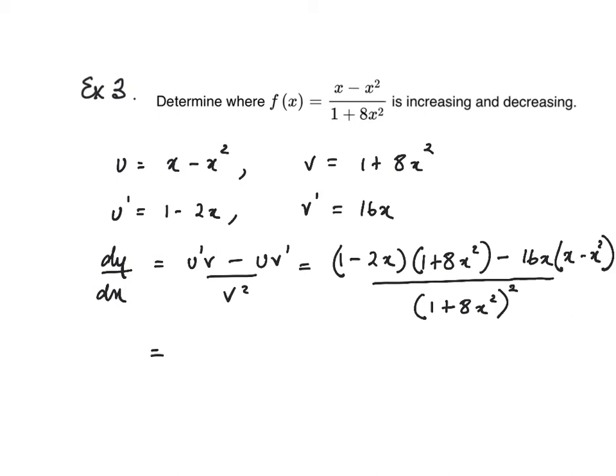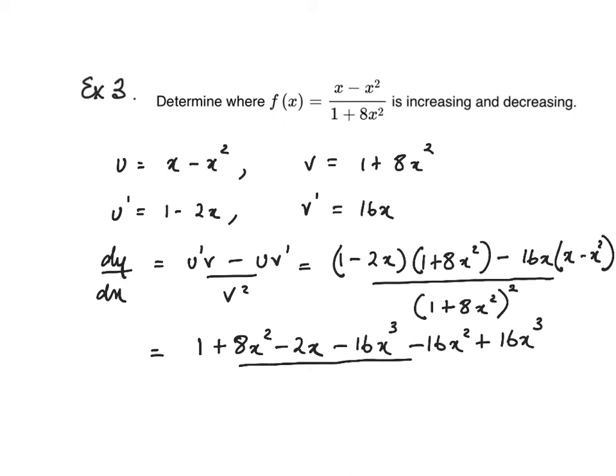So that gives us, I'm going to have to expand the brackets, 1 plus 8x squared minus 2x minus 16x cubed minus 16x squared plus 16x cubed. We don't need to expand the brackets on the bottom line.